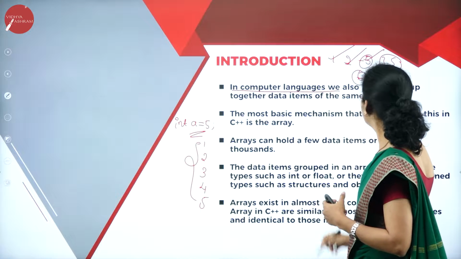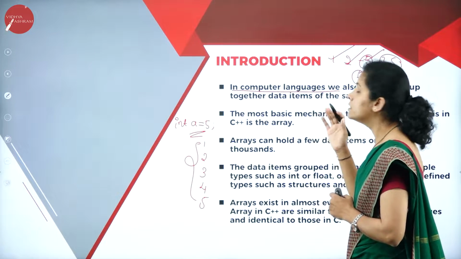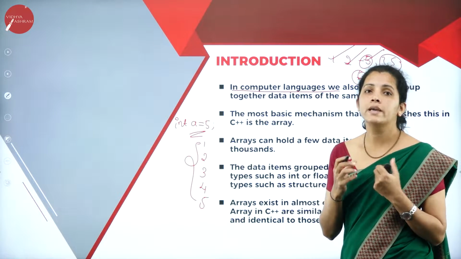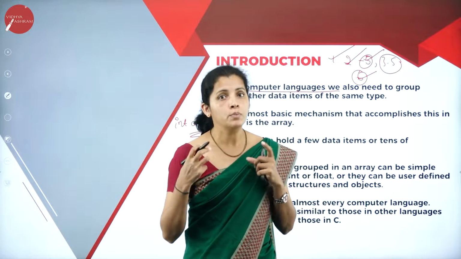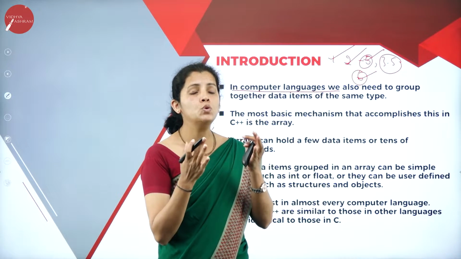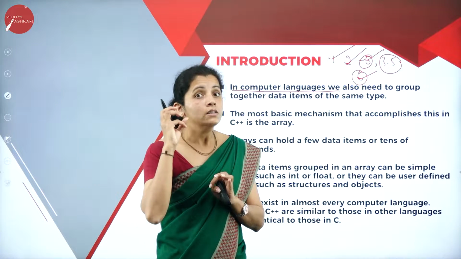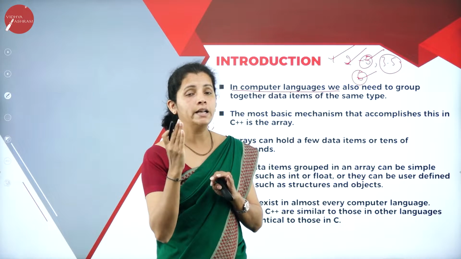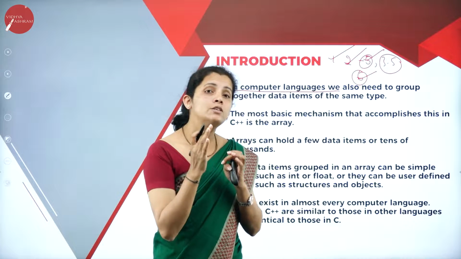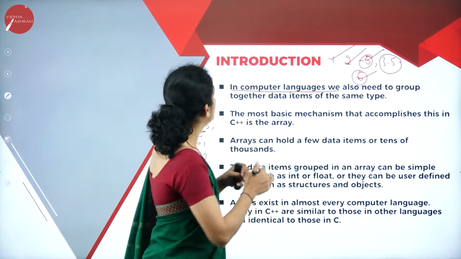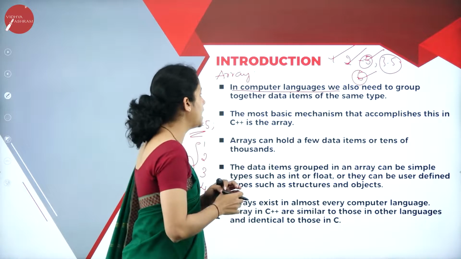In computer languages, we also need to group data items of the same kind. There are certain situations in programming where I need to group the same kind of data. For example, with different data types like integer or character, I need to group the data based on data type. For that, we have arrays in our C++ programming language.